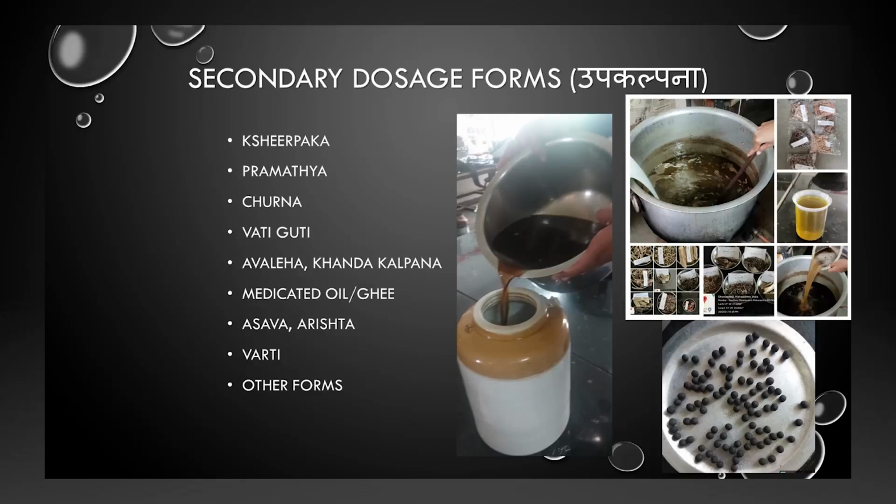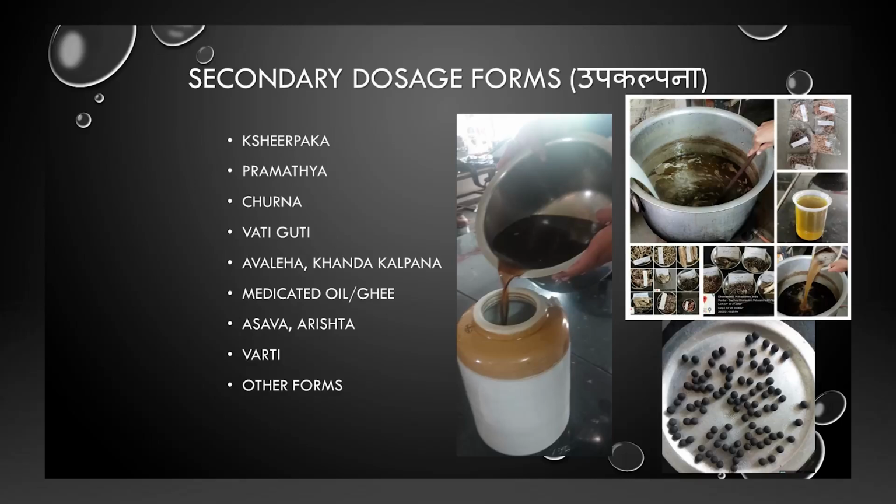Avaleha Khanda Kalpana is prepared from the decoction of drugs. This decoction is further boiled enough to attain the semi-solid form. This is called Ghana or Avaleha, or lickable form of medicine.